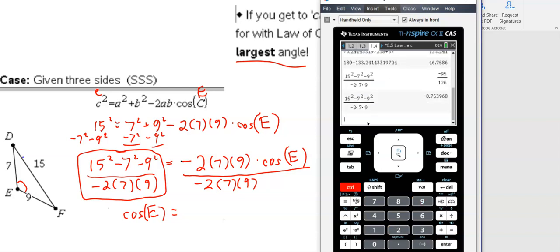We get that fraction, which is negative 0.7540, essentially, when you round it.